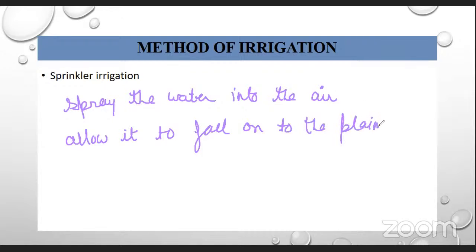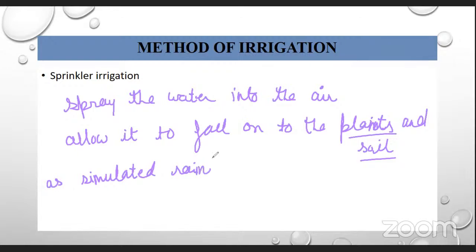Okay, means first we are giving the water into the air, and then that water is allowed to fall on the plants, and as we apply it to the plants, it will come to the soil also. It is the same as simulated rainfall, in the form of rain, falling onto the plants and the soil.